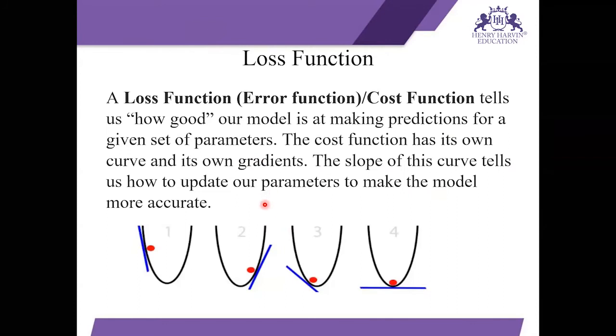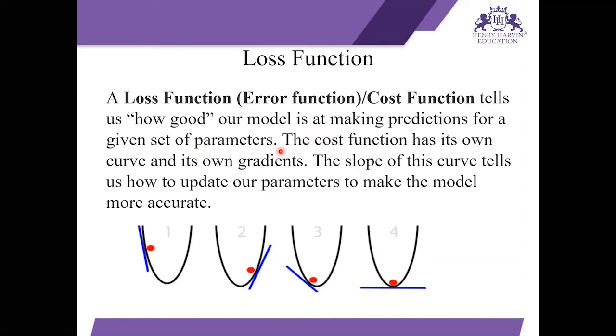Now we were discussing the loss function, right? So this loss function or cost function or error function tells us how good the model is at making predictions for a given set of parameters. So when the weight was equal to 2, how good was my model? With the help of the learning rate, I can understand that if I increase the weight, definitely there will be a reduction in the loss.